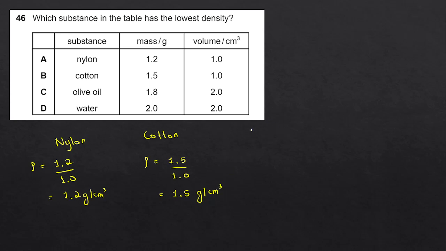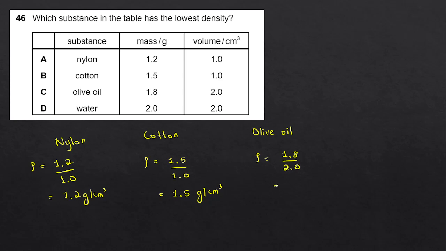Next we will take a look at olive oil. The density of olive oil is given by the mass over the volume of this substance which we have taken. So the mass is 1.8 grams and volume is 2.0 cm cube.